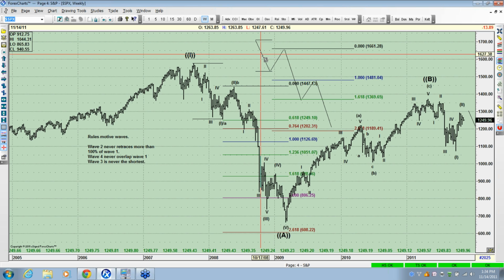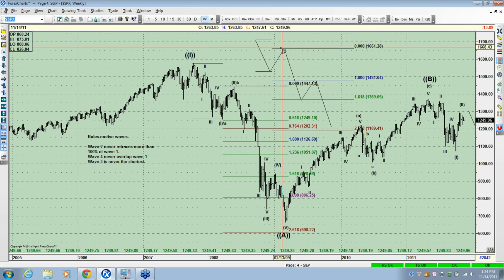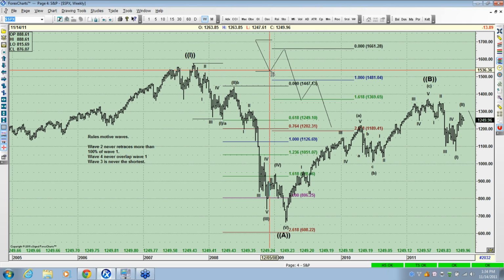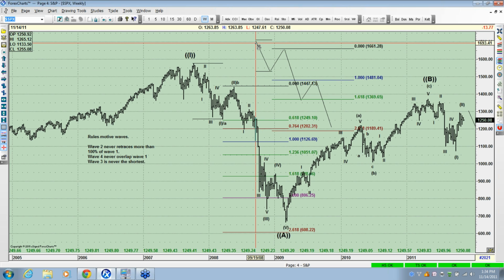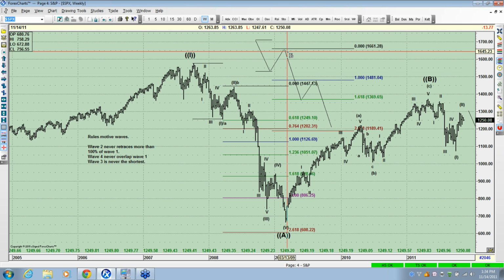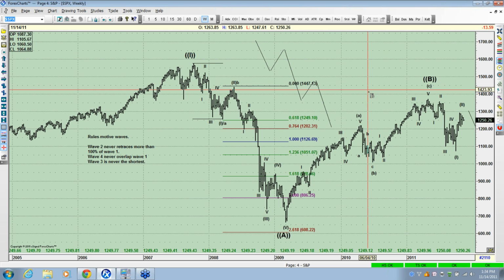How it works is wave 1, wave 2, you measure the distance of wave 1, you put it on the top of 2, and then at the 1.618, meaning that wave 3 is 1.618 the distance of wave 1, or wave 3 is 61.8% bigger than wave 1. That's how you measure the distance of wave 3.